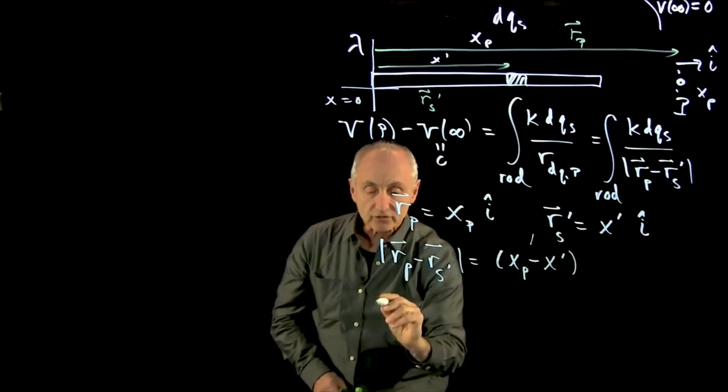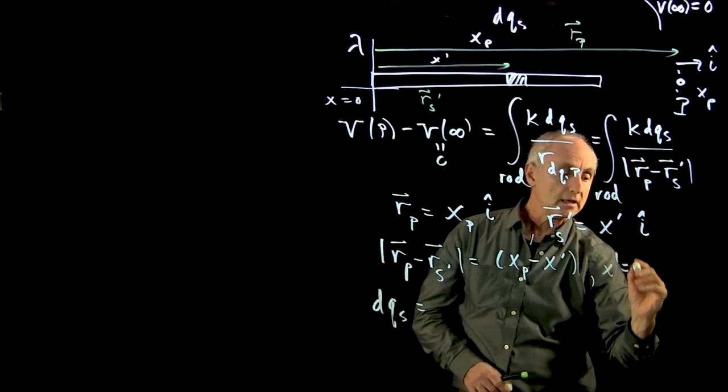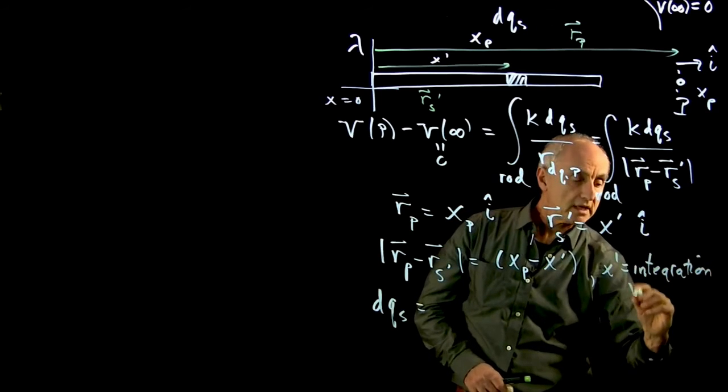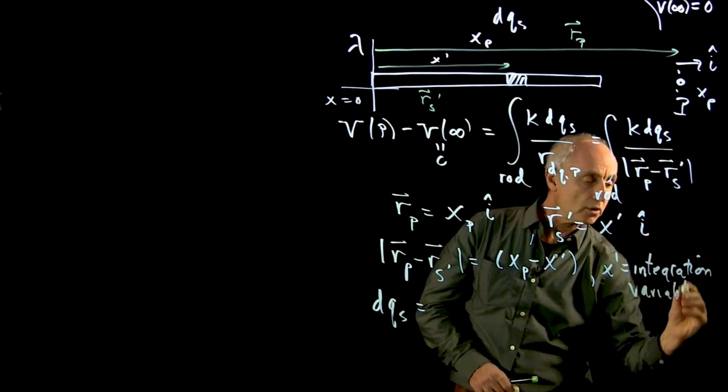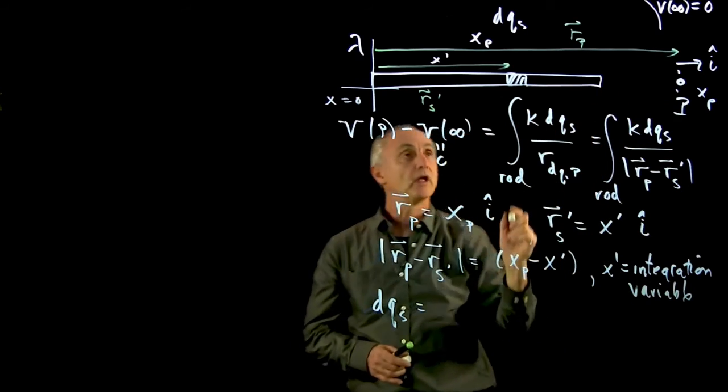Now the dq_s. Again, remember, x prime is the integration variable. And so I need to express, just like we did with Coulomb's law, the small charge here in terms of the integration variable.